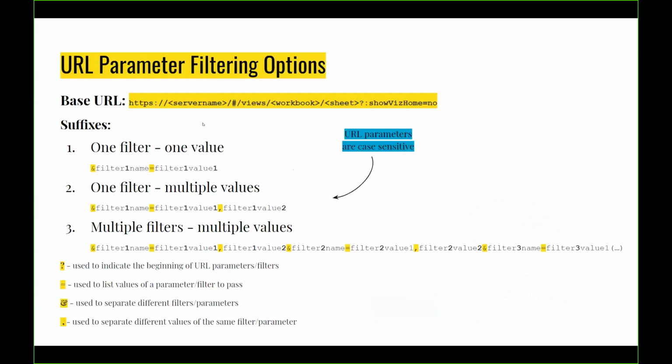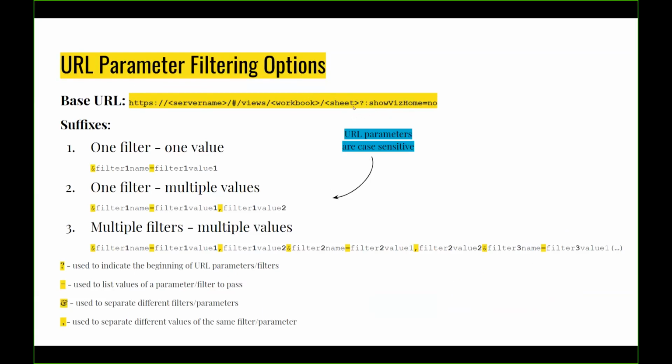Here's a little explanation as to how URL parameter filtering is structured overall. So we always start with the base URL, which would be the URL of the dashboard that you want to embed. And this will be sourced from the share option on the dashboard rather than using a link directly from the browser. So we're going to look into this as well.